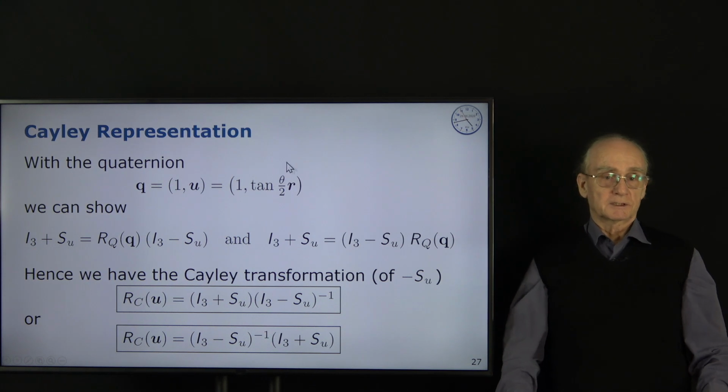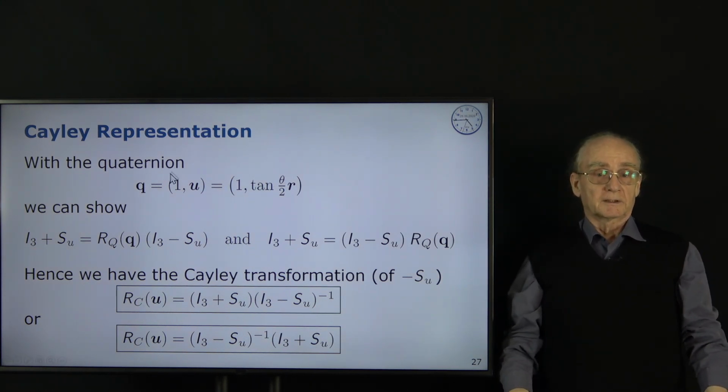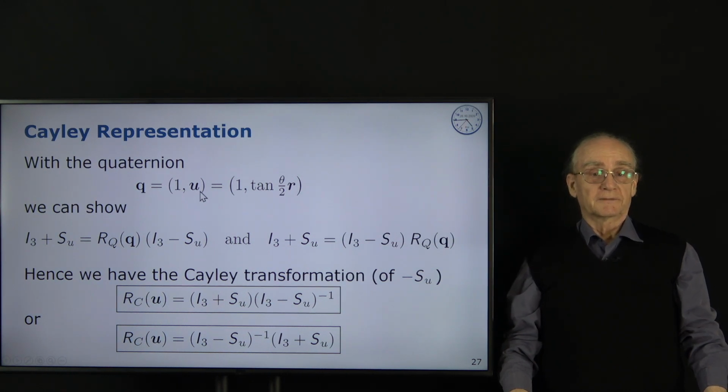The second representation is the Cayley representation. He said, okay, let's take the quaternion Q, just 1, and a vector u. Of course, the u is the same as before. The difference to the Rodrigues is just a factor 1/2 at this place.